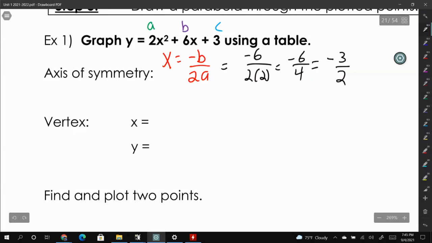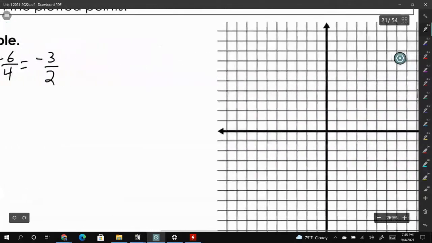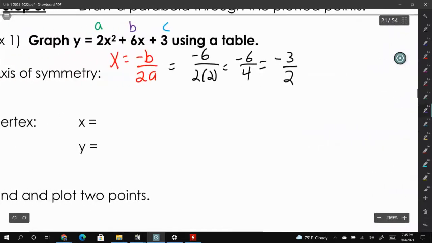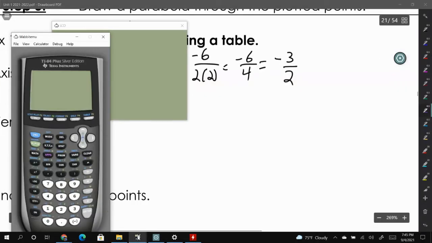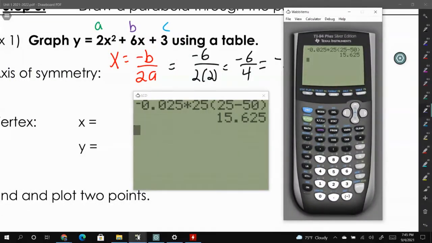So that is our axis of symmetry, and I'm going to plot that over here. So it's about here at negative 1.5. And then I'm going to take this and plug it into our original equation to get the y value.